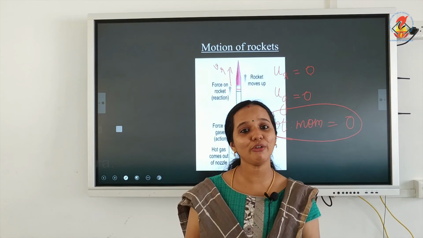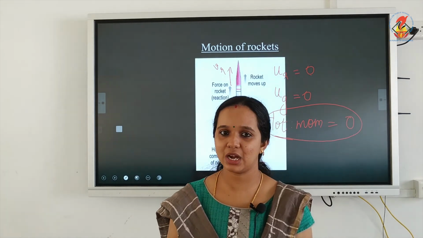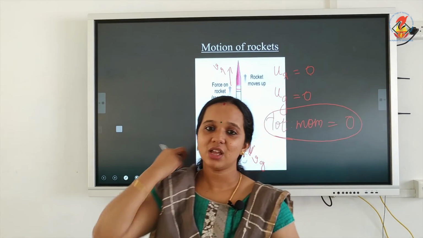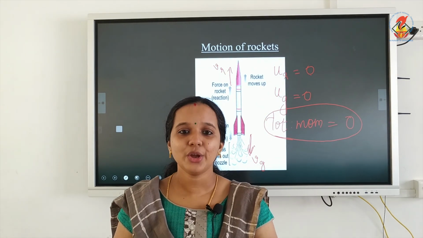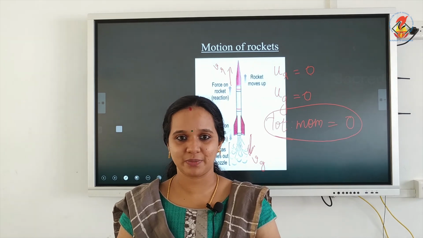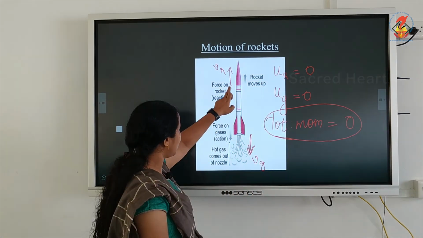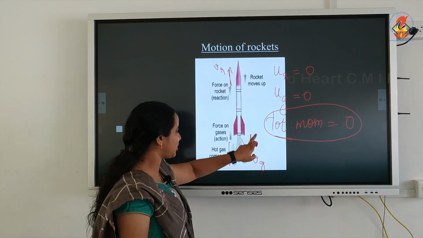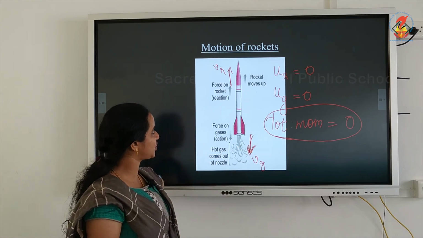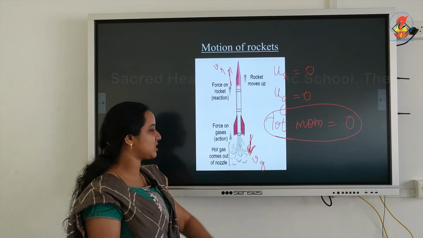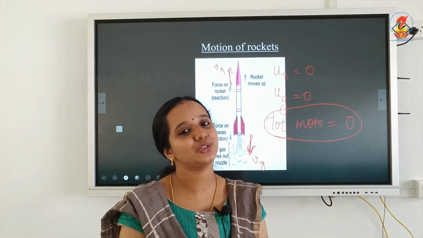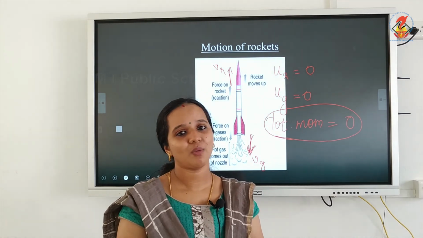Just as in the case of recoiling of gun, their velocities will adjust themselves in opposite directions to conserve linear momentum. Hence here the velocity of the rocket is in the upward direction and the velocity of the gases coming outside is in the downward direction. This opposite velocity helps the system of rocket and gas to conserve linear momentum.